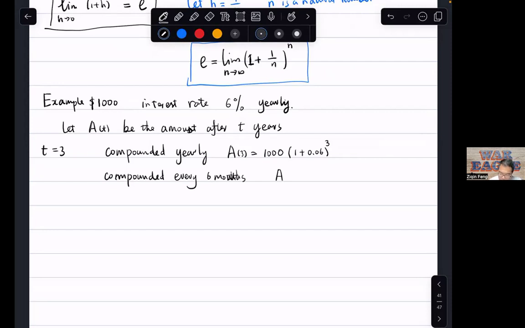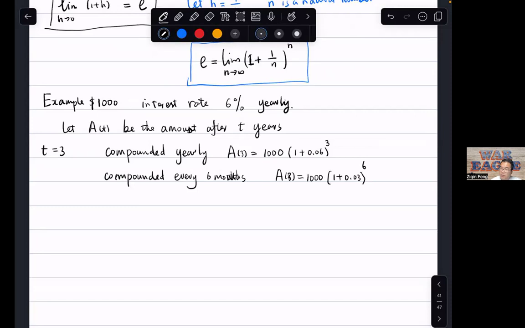So A of 3 in this case is 1,000 times, in the first 6 months, 1 plus 0.03, because that's half a year. Then at the end of the first year, you do that one more time. You do that for 3 years. This is to the power 6, right?